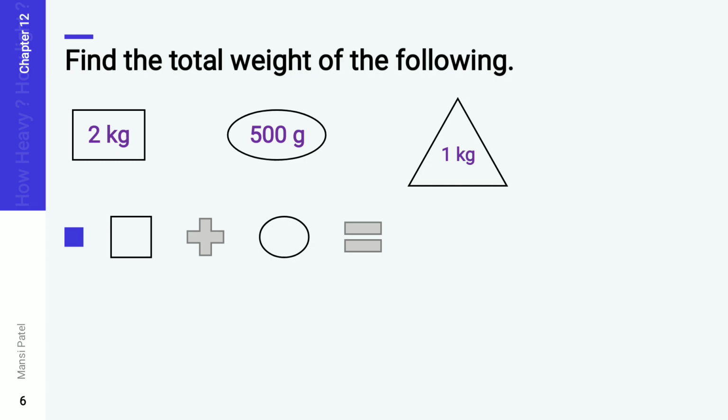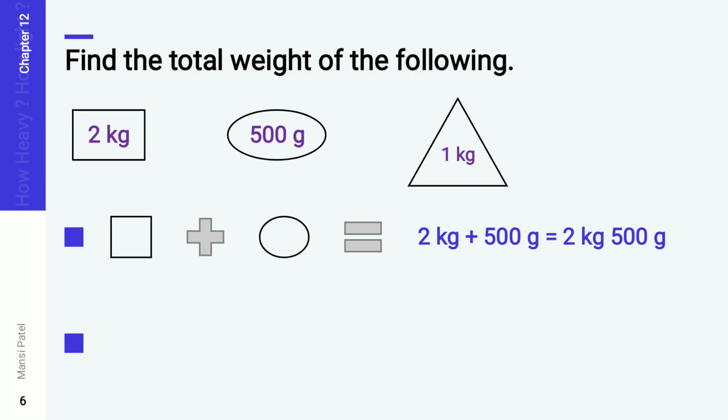So what do you want to do? You have to add both measurements, that is 2 kilogram plus 500 gram. 2 kilogram plus 500 gram is equal to, we can say, 2 kilogram and 500 gram.